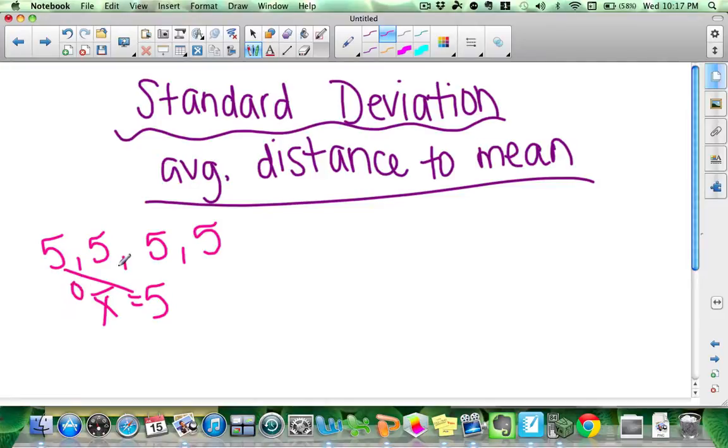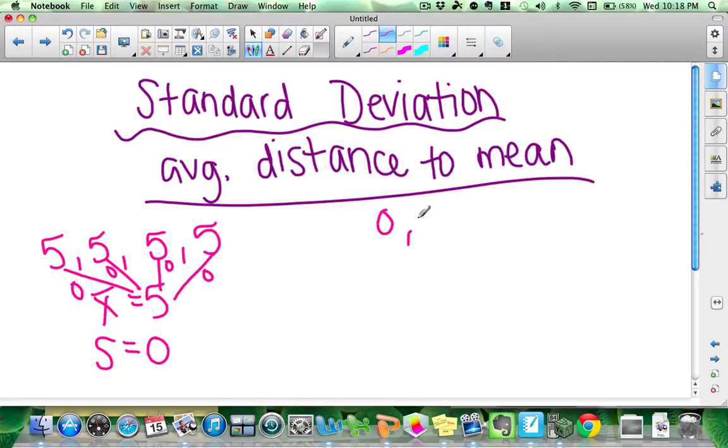Well, it is equal to the mean, so it's 0 away. This one is 0 away. This one is 0 away. And this one is 0 away. So each observation is exactly equal to the mean, so the standard deviation, or the average distance to the mean, is going to be 0. So the mean is 5, the standard deviation is 0.